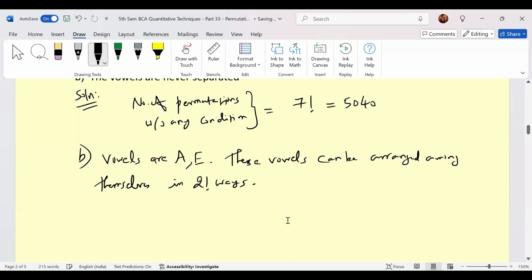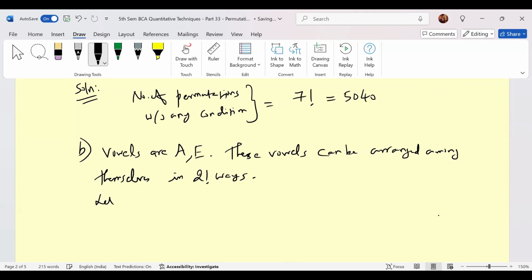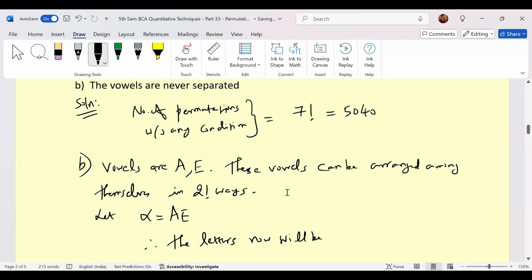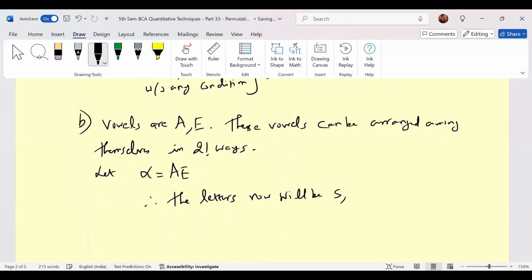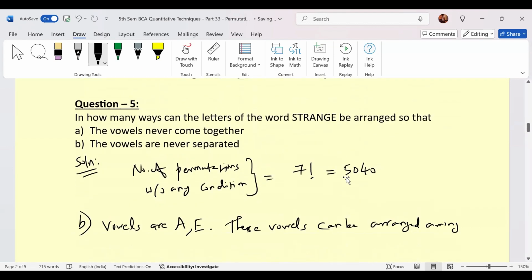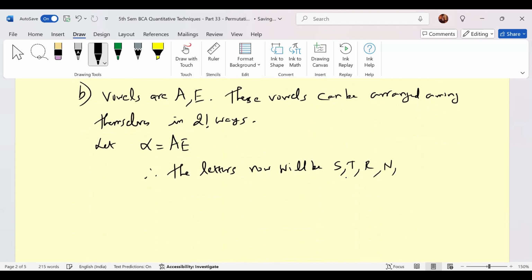And now let us consider alpha equal to AE. I'm considering these two vowels together as one alphabet, that is AE. Therefore, the letters now will be S, T, R, N, G, and then that alphabet together is alpha.